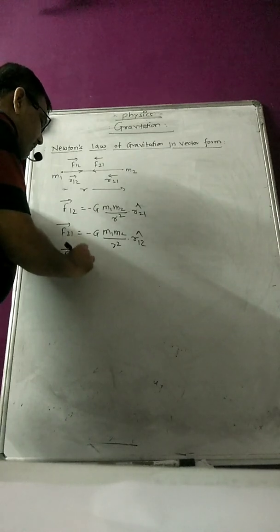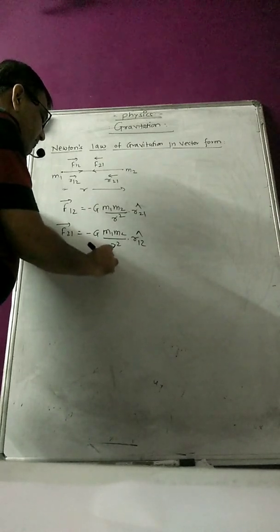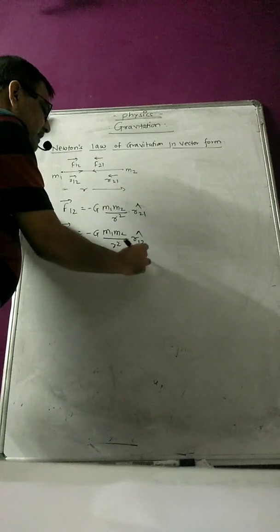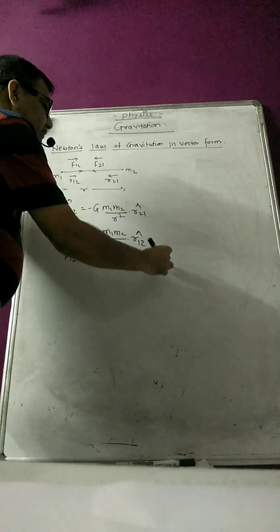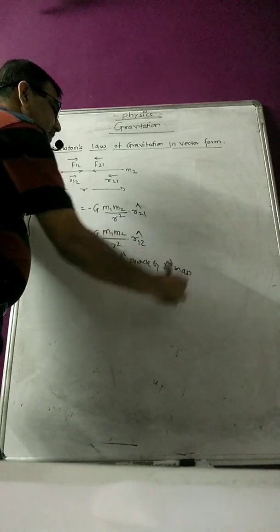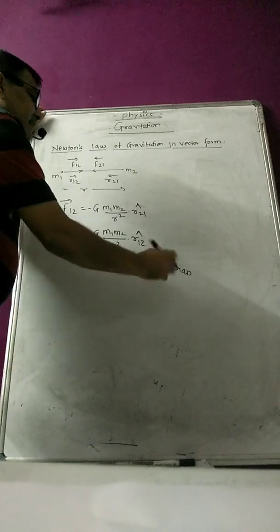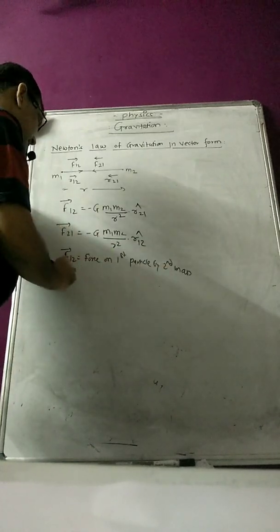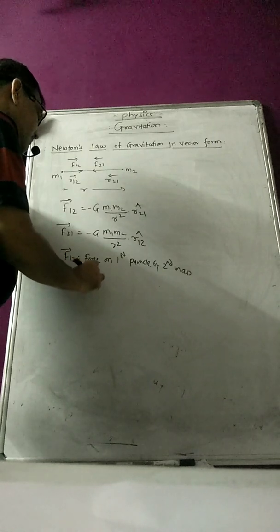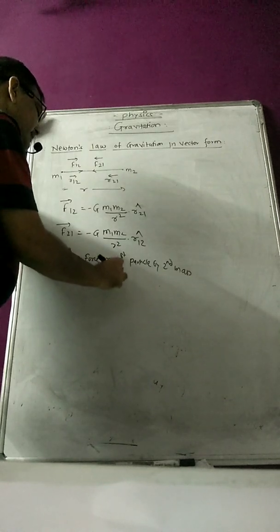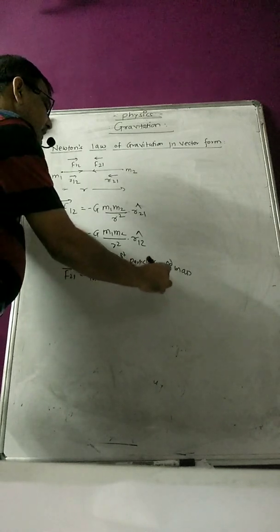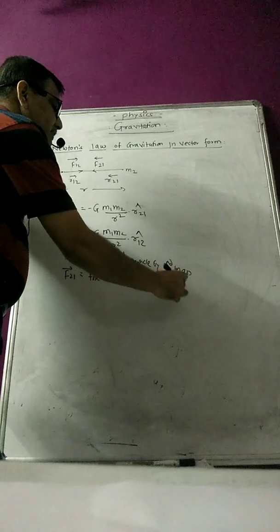So F12 is the force on the first particle, or first mass, by the second particle's mass. F21 is the force on the second particle, or second mass, by the first particle's mass.